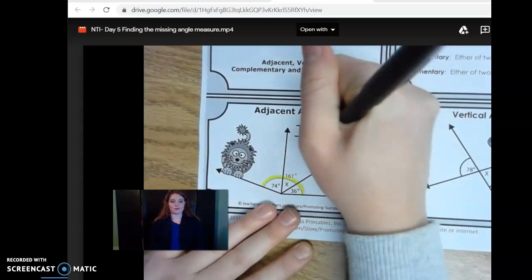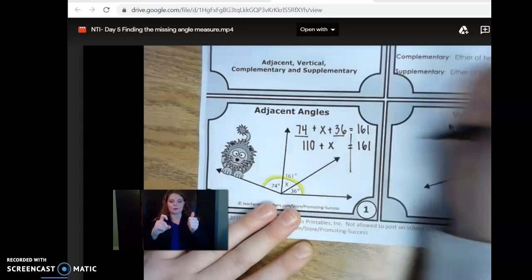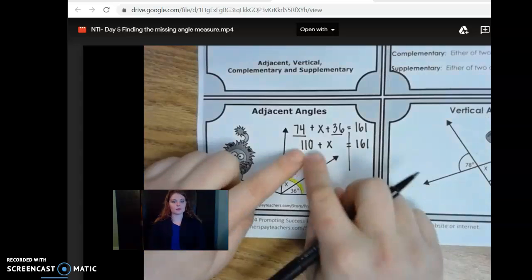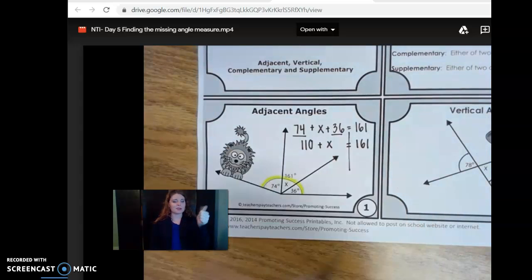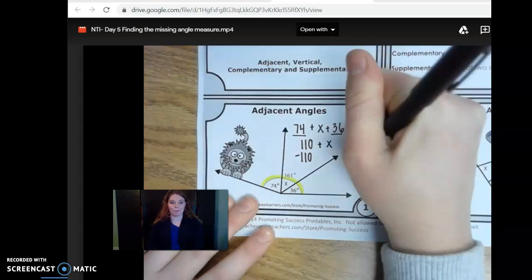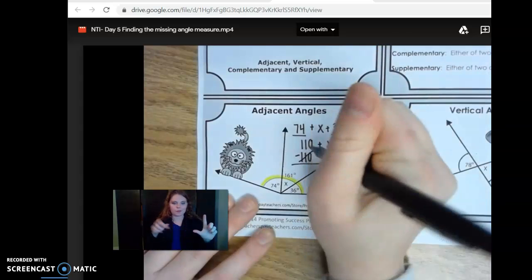I'm bringing down x and everything else that I didn't use yet. This time 110 is on the other side, but we're still adding, so we're still going to subtract to solve it. Always do that from both sides, keeping our equation balanced.